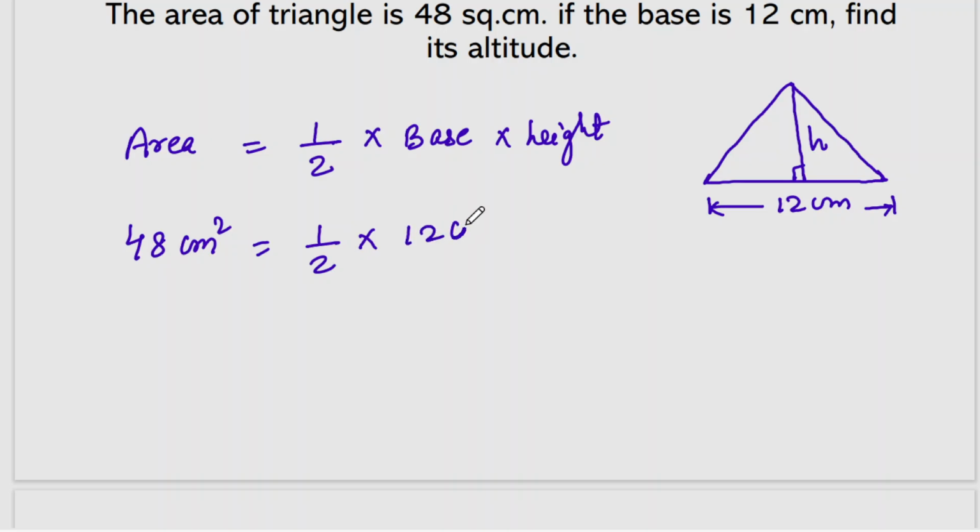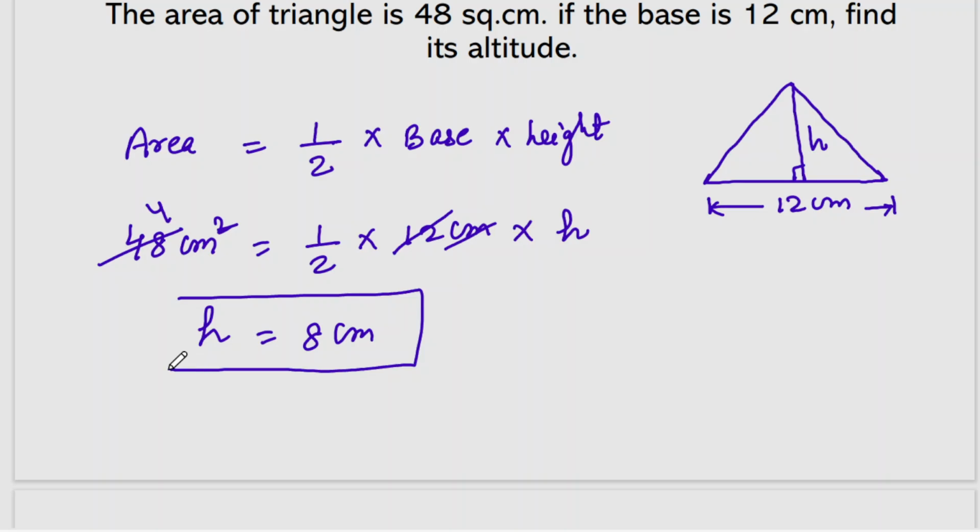Base is given as 12 centimeter and height, let us assume it h. So we can cancel out 4 times. So h will be equal to 8 centimeter. Okay, so we have got the value of h.